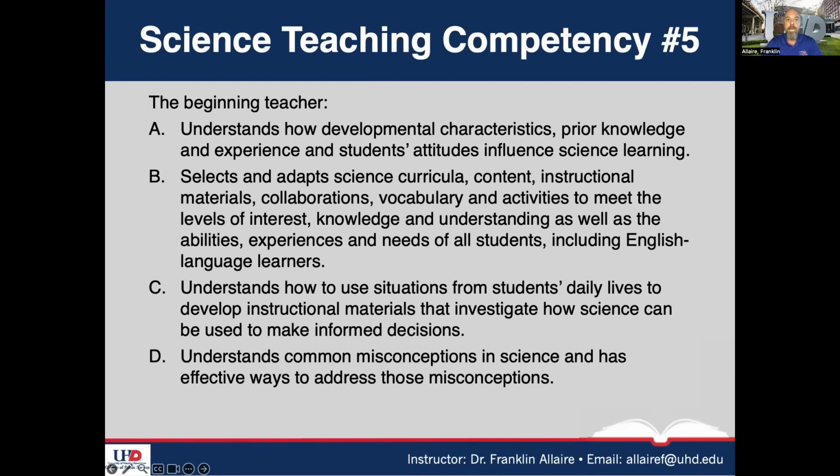Selects and adapts science curricula, content, instructional materials, collaborations, vocabulary, and activities to meet the levels of interest, knowledge, and understanding, as well as the abilities, experiences, and needs of all students, including English language learners.